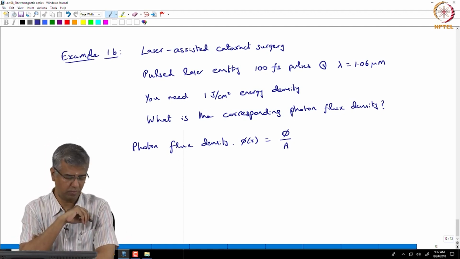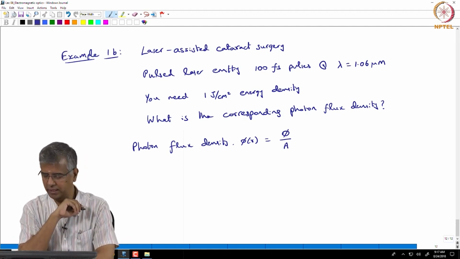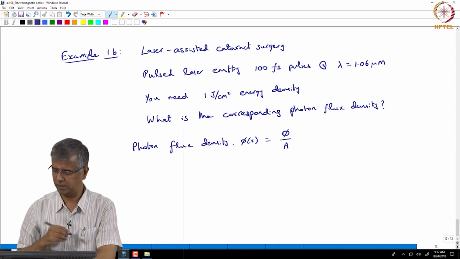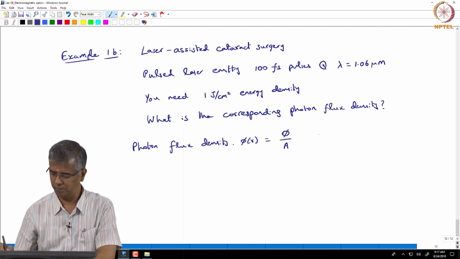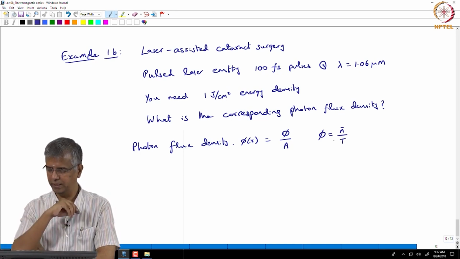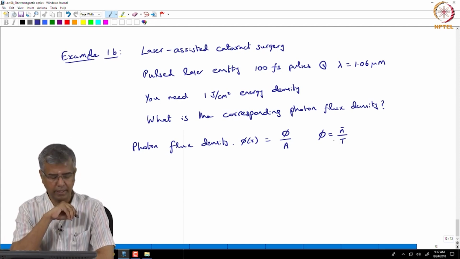So, that is what photon flux density is, and we know from our discussion in the previous problem that phi corresponds to n bar over T. Okay.